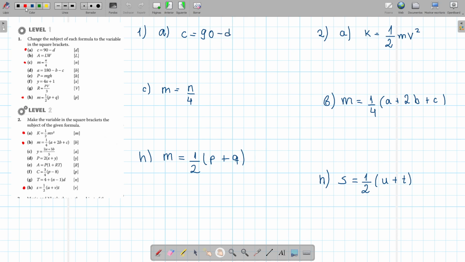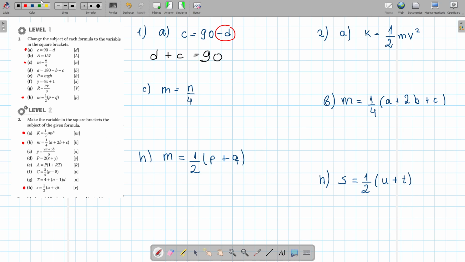So, in the first one, if I want to make D alone, if I want to solve for D, I'm going to send it to the other side. Now what we have is positive D plus C equals 90.